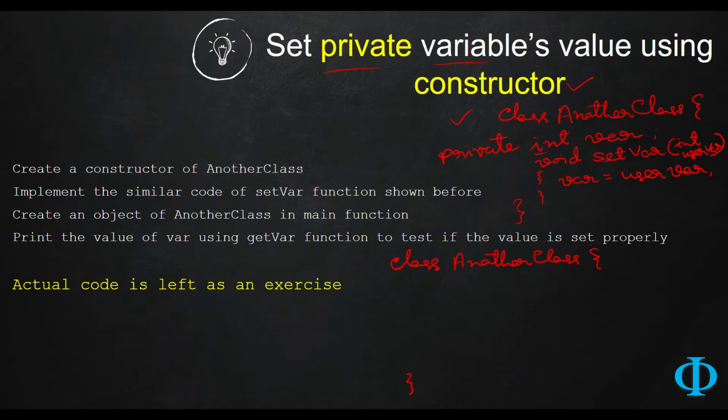First create the private variable, let's say private int var, and after that you have to write the parameterized constructor. Now a constructor does not have a return type, and the constructor function name is the same as that of the class. So let us write down the constructor.